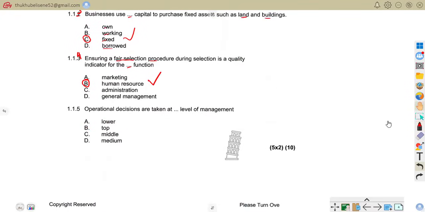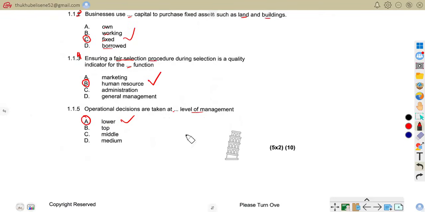So now we are on our last one, on question 1.1. Operational decisions are taken at dash level of management. We have lower, top, middle, medium. So the correct answer there is lower level management. This is our correct answer.